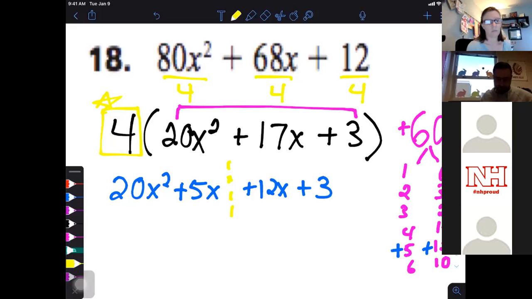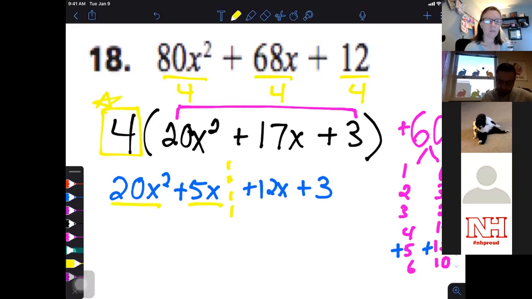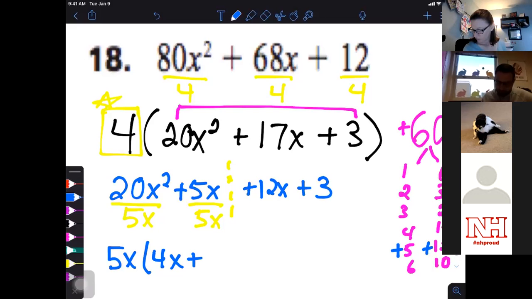And now we're going to find the GCF of each side. Jason, what's the GCF of 20x squared plus 5x? 5x. Yeah, 5x. So I'm going to go ahead and take 5x out. And if I do so, that'll leave me with 4x plus 1.